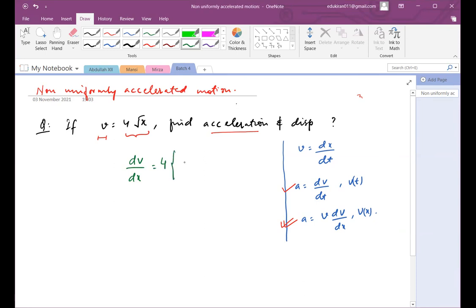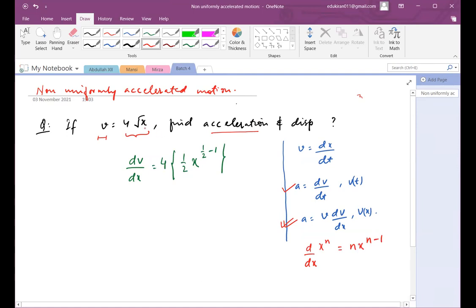On differentiating, it will be n x to the power n minus 1. I defined in the last class, if you have any expression x raised to n and you have to differentiate it, it will be n times x to the power n minus 1.